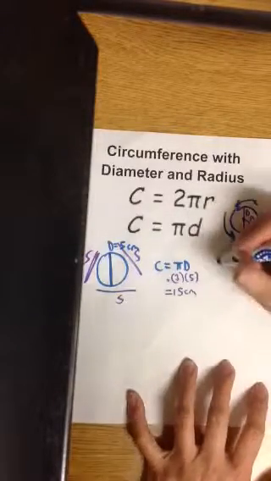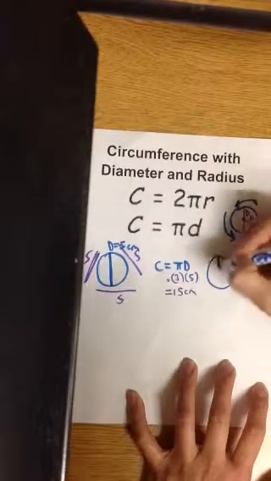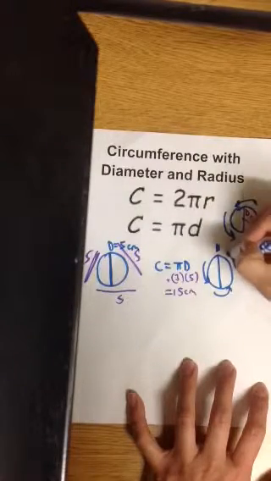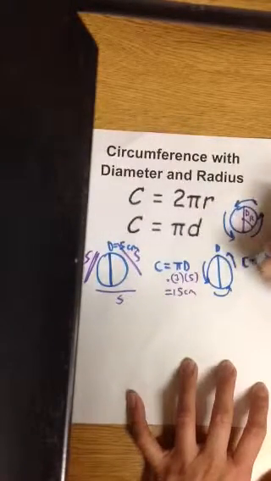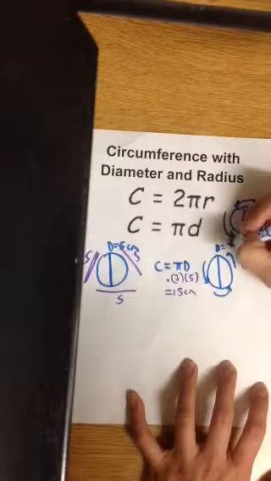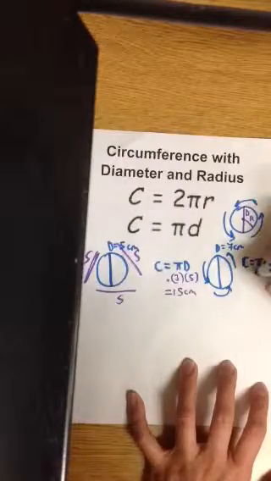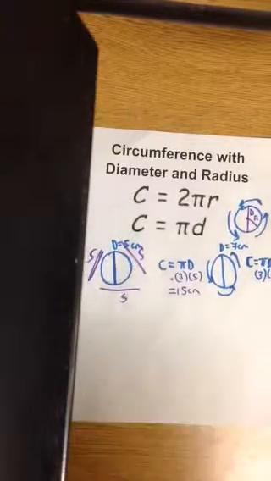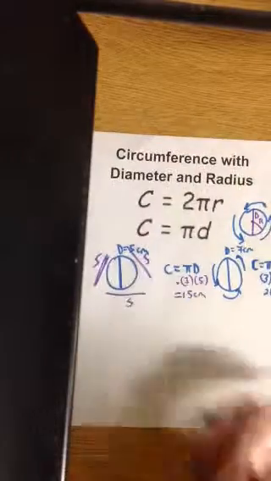Let's try another one. Here's another circle. We want to find the circumference. C equals pi d. If the diameter is 7 centimeters, pi is 3, diameter is 7. So 3 groups of 7 is 21 centimeters.